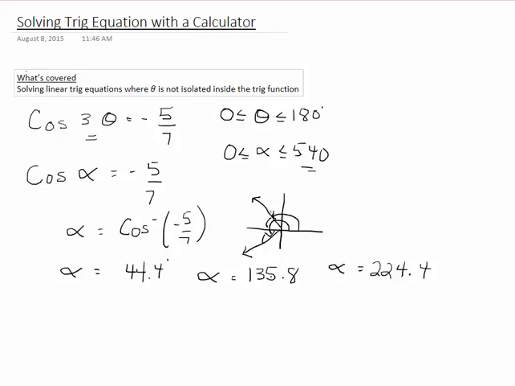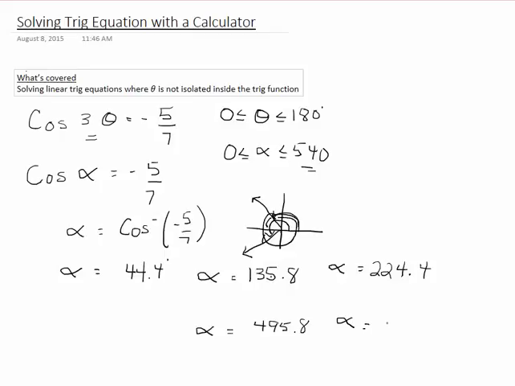So if I move my first arm, this arm here, the degrees it already went, the 135.8, and then I take it in another full circle, which just means I'm adding 360 degrees to it, I have 495.8, and that's still less than 540, so I'm still within my domain.